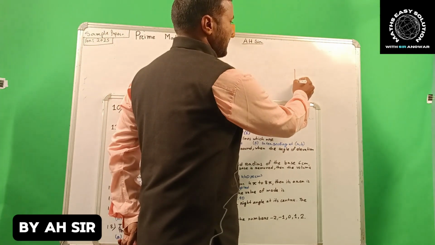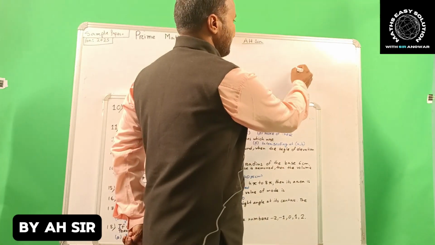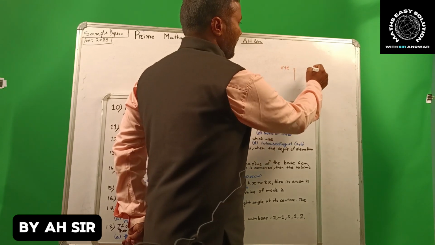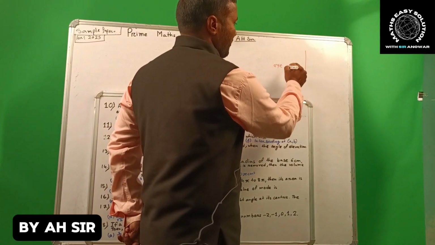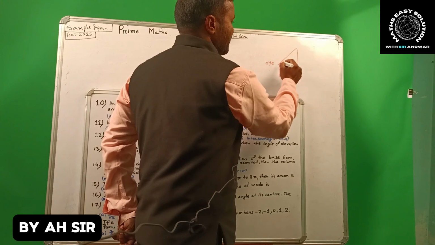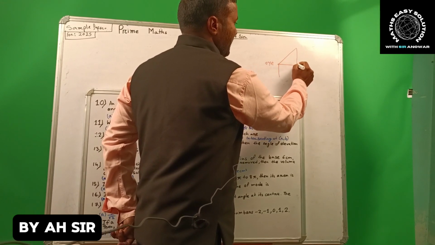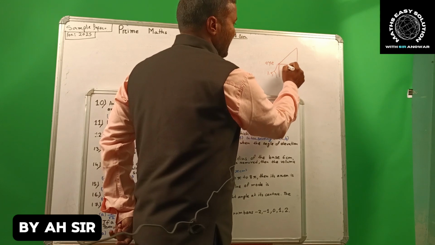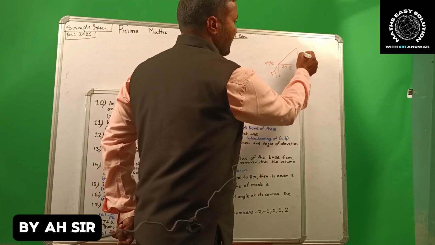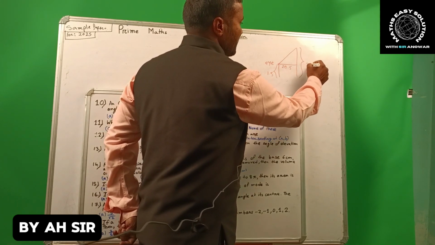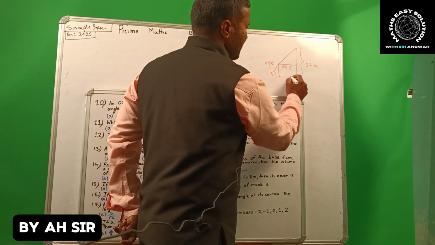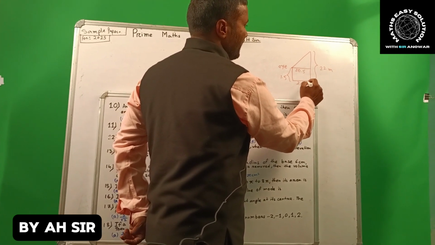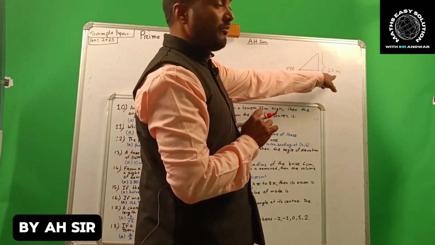A tall person standing here and looking from here, this is the eye position, and there is the height of the tower. From here the person is looking like this, so you have to join here. And this tall person is how much? 1.5, and the distance is 20.5, and total height is 22 meter. So we have to join here. This one is 20.5 meter, this also 20.5. So total is 22 meter.